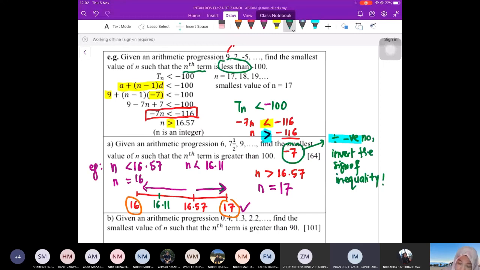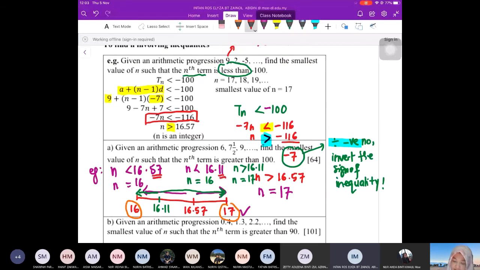Tapi kalau saya kata less, kita ambil yang mana? 16, very good. Kalau saya kata n greater than 16.11, what is n? Dia ke kanan. 17, very good. So dia bukannya kisah 0.11 ke, 0.57 ke, janji inequality tu kiri ke kanan. Kalau dia less, ambil integer yang belah kiri. Kalau dia greater, ambil integer yang belah kanan. Nampak tak? Dia punya cara kita nak decide.